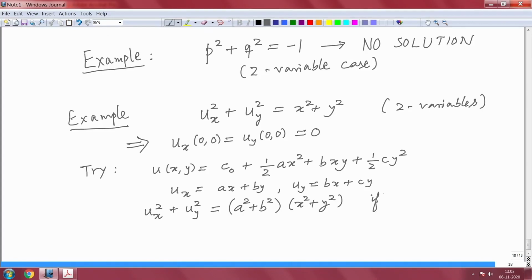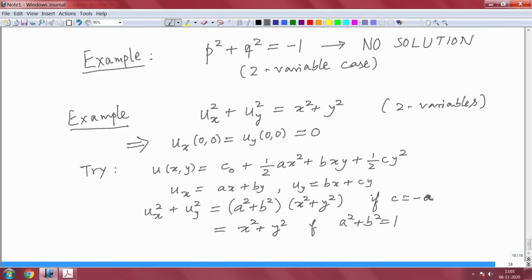If c is equal to minus a, you take c equal to minus a and you see that the x y term gets cancelled, x y term comes here, x y term comes there. So, that gets cancelled and you have this simple expression, and this is equal to x square plus y square if a square plus b square equal to 1.